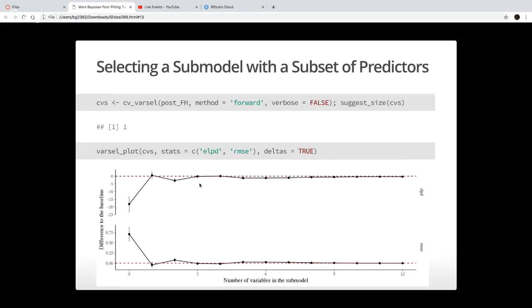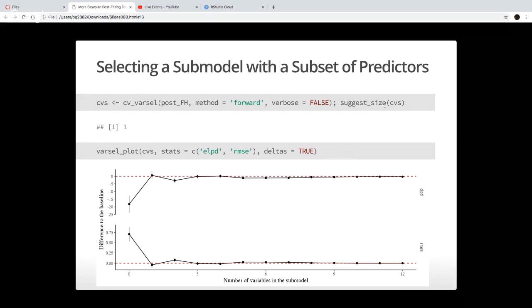And so a better approach is to use some cross-validation stuff to counteract that a little bit, which you can do with the cv_varsel function. There are different methods here, but method equals forward is the one that is recommended in the documentation, and then call the suggest_size function, which will tell you what sort of model would be expected to give you an expected log predicted density that is very similar to the full model.